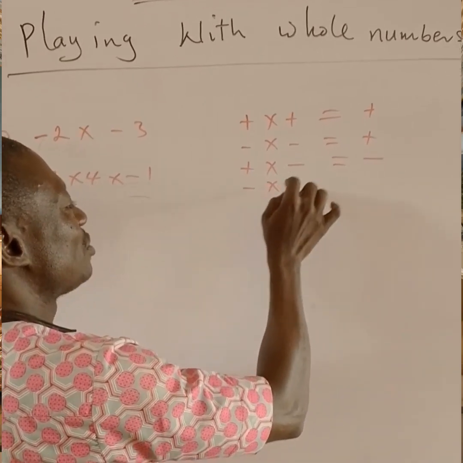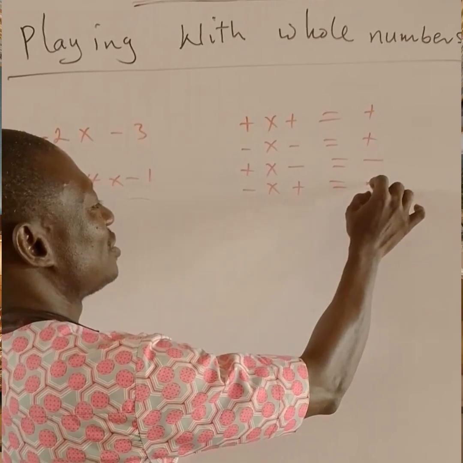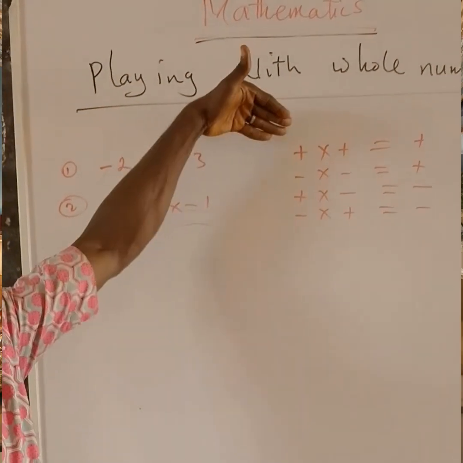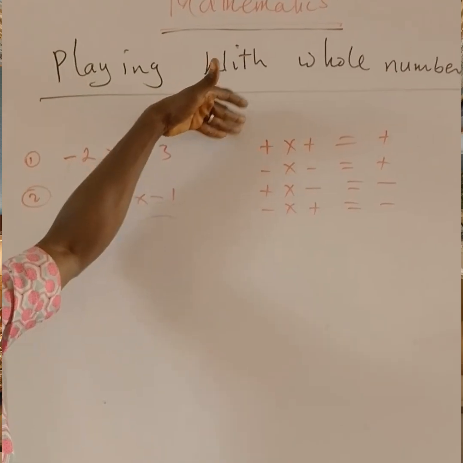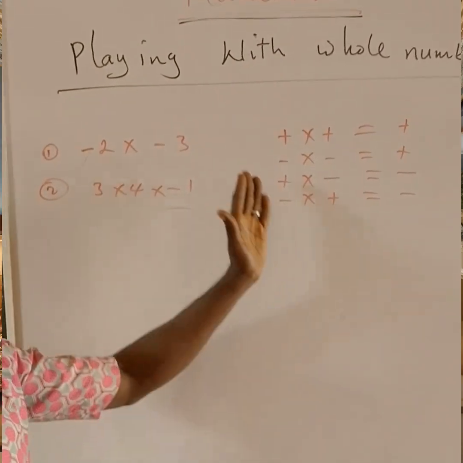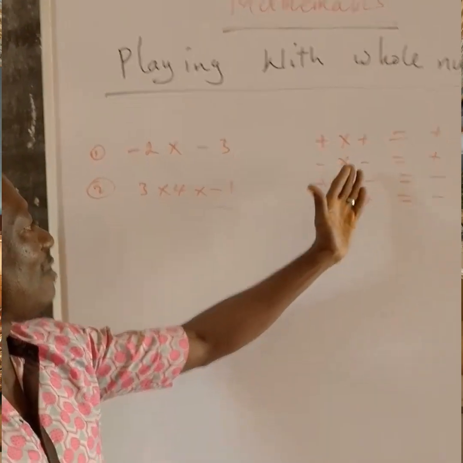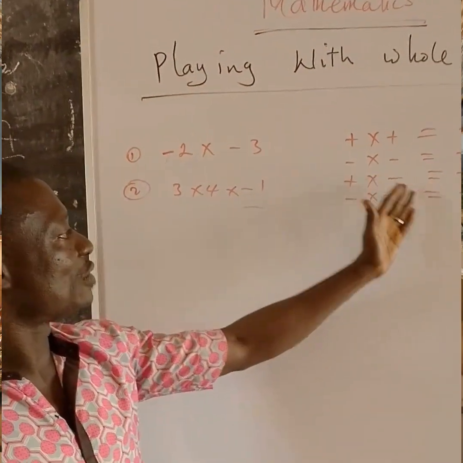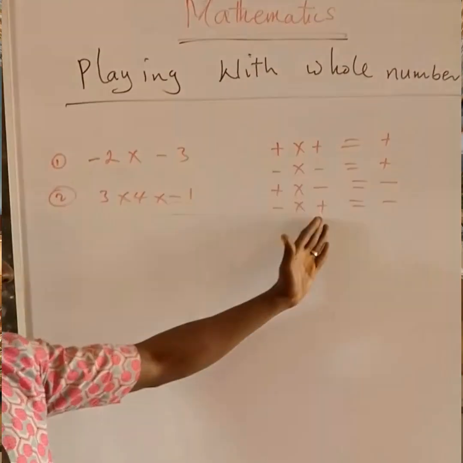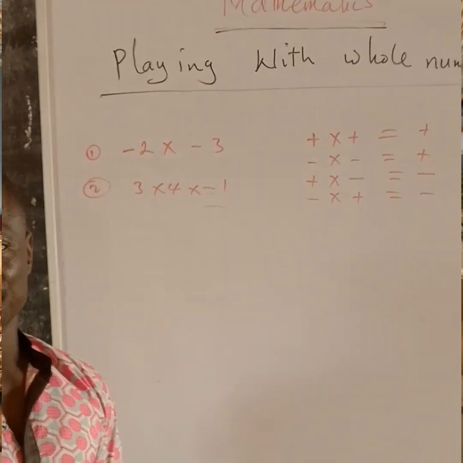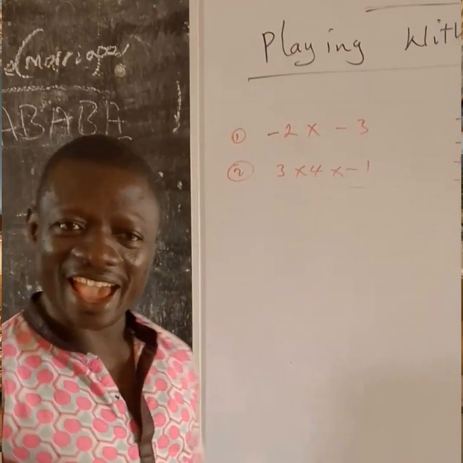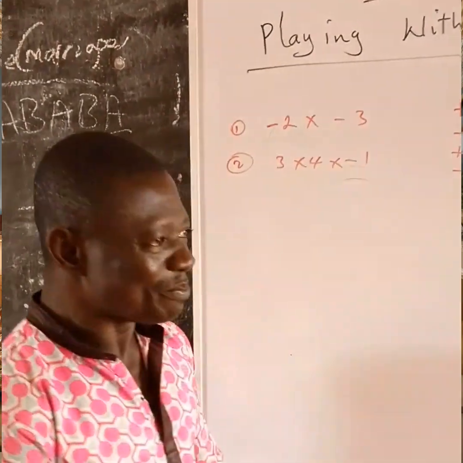And plus times minus will also give us minus. What does it show you now? When the same signs multiply themselves, we get positive. Different signs multiply themselves, we get negative. All the time.